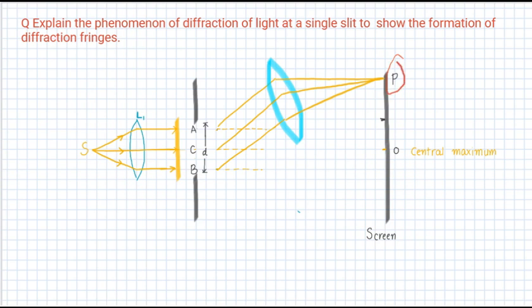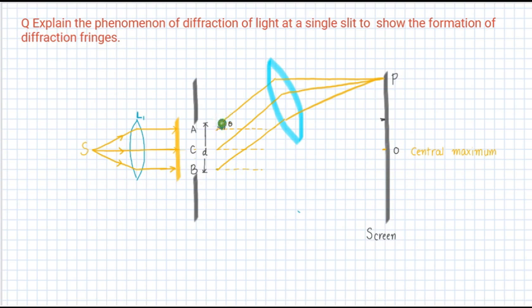Fine. Now again, if you look properly, the light which starts from this point A and the light which starts from this point B. What happens in this case is that suppose the light is bent at this much angle theta. Now consider you draw a normal.